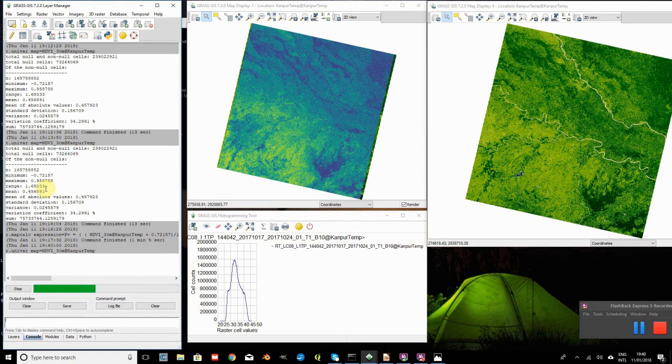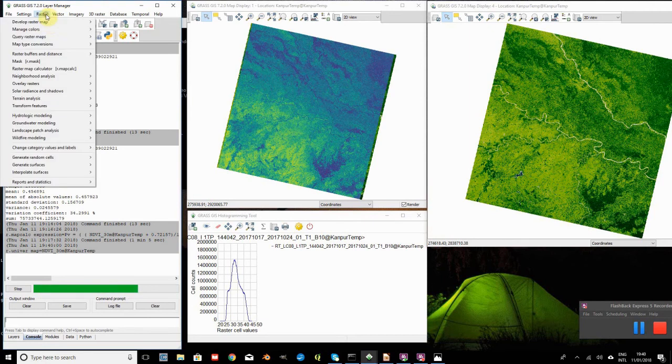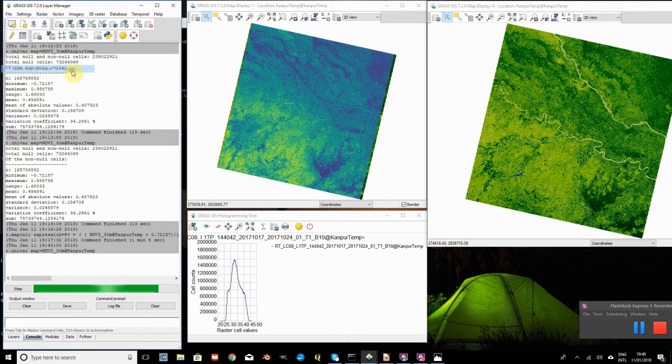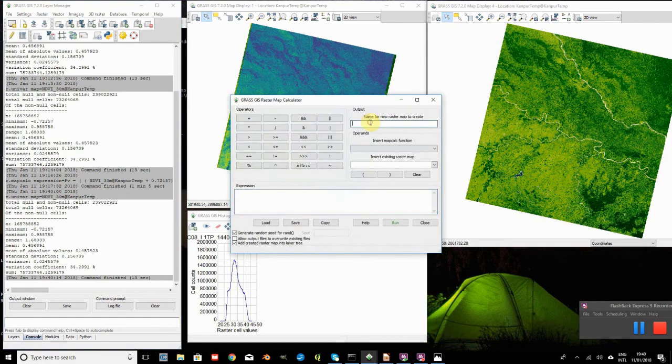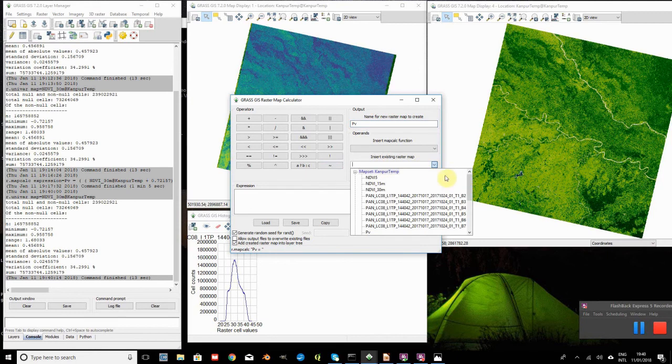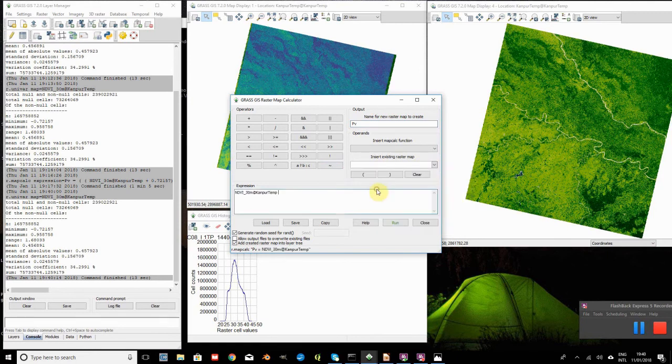Now we need to extract that PV, that ratio quantity. So we're going to go to Raster and use the map calculator. For the name of the new raster, we're going to call this PV. Now we're going to insert an existing raster map, so we're going to insert the NDVI.